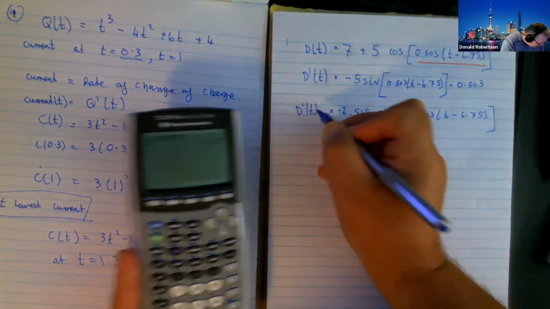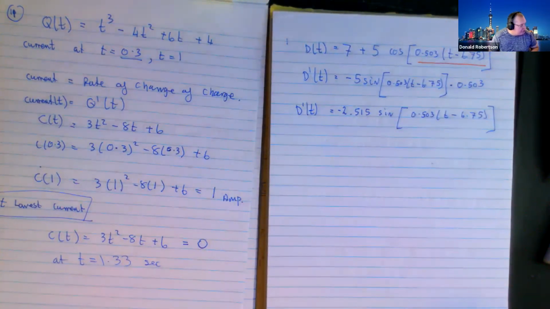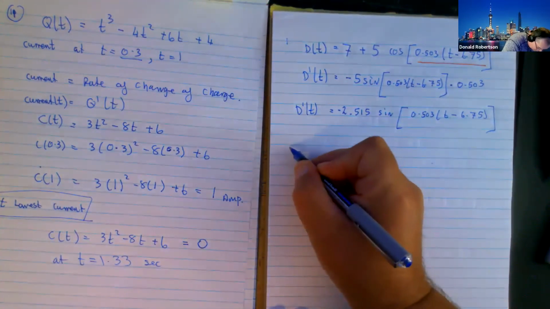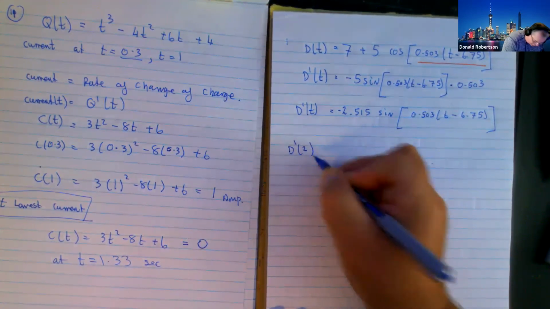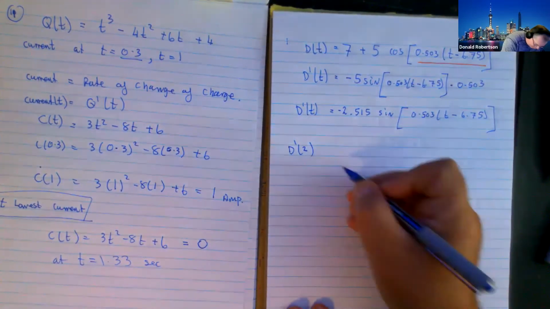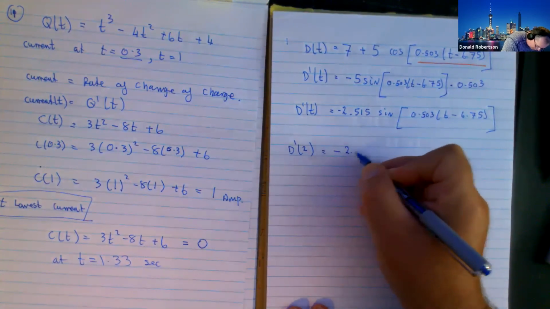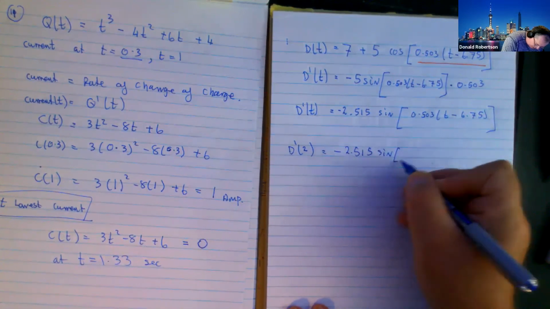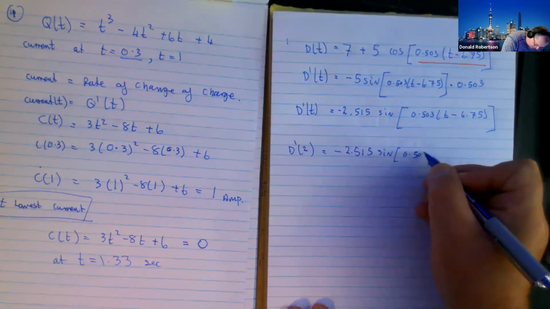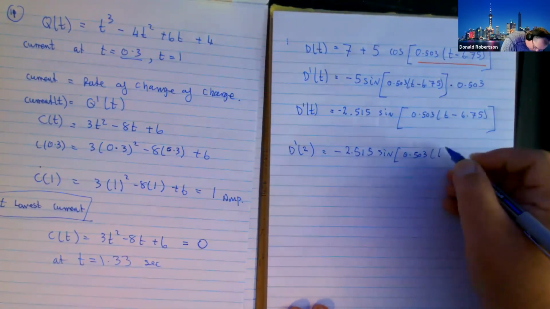And this will tell me the rate at which the tide is rising or falling. And they want to know what's happening at 2 a.m. Well, that's just going to be negative 2.515, the sine of this guy at 2.